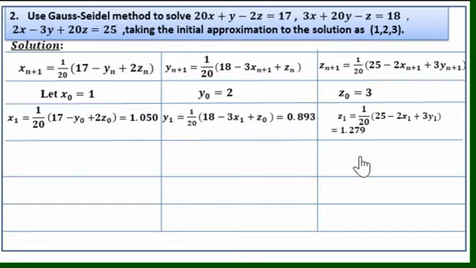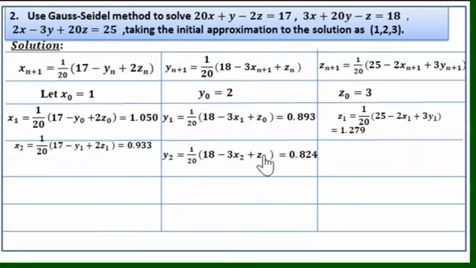Then we go for the second iteration. Find x2, y2, z2. So x2 is 1 by 20, 17 minus y1 plus 2z1. Then put y1, z1, these two values. y1 is 0.893 and z1 is 1.279. Calculating, we get x2 equal to 0.933.